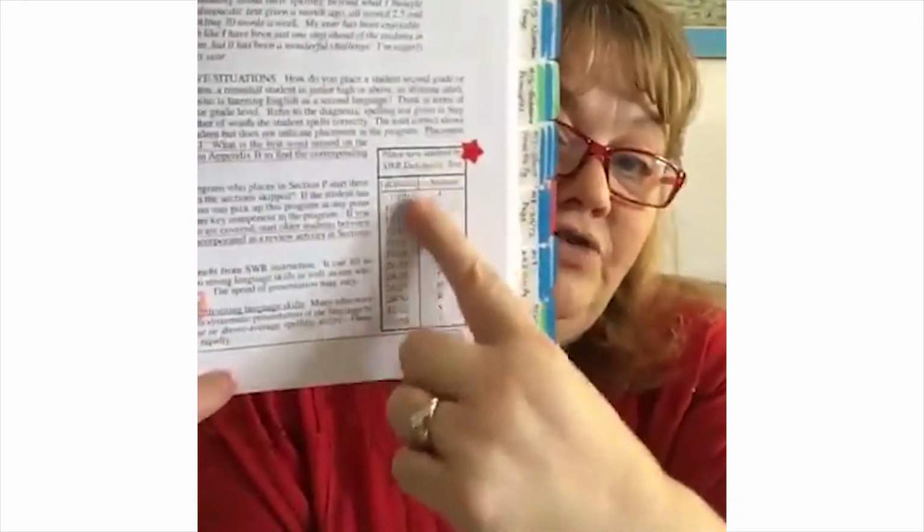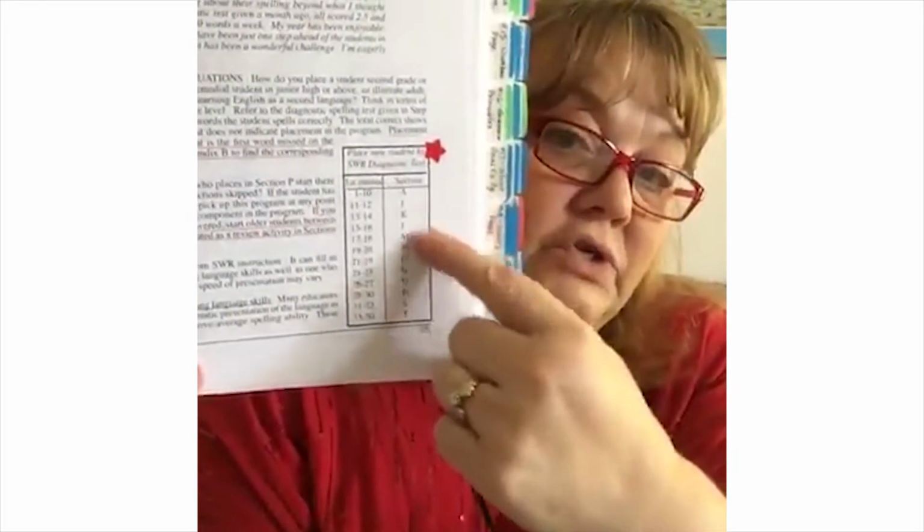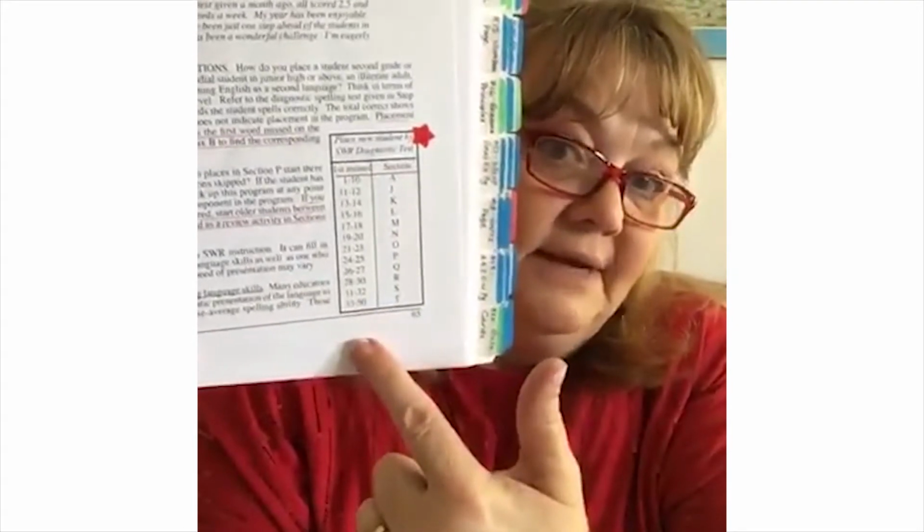Okay, that is a really important page. When you get into your books, there's a page in here that's part of step 11, and some people forget to look at this. It's on page 65, and there's a little chart there that shows where to start based on how the student did on the diagnostic test.